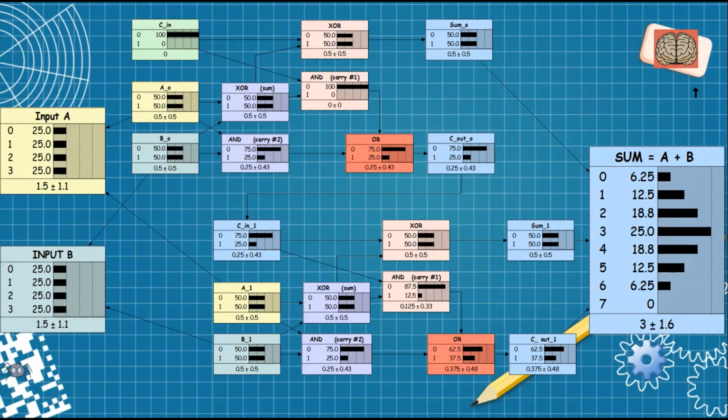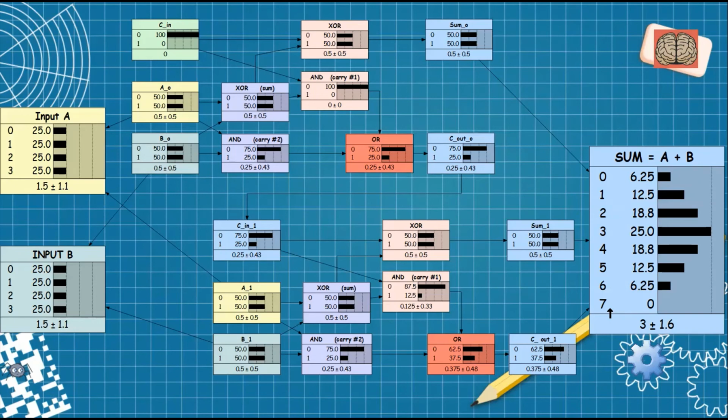On the other side, what this means is that there's only one way of getting 0, 2 ways of getting 1, 3 ways of getting 2, 4 ways of getting 3. And then we come back to 3 ways of getting 4, 2 ways of getting 5, and only 1 way of getting the sum 6. And as it stands, no way of getting 7.